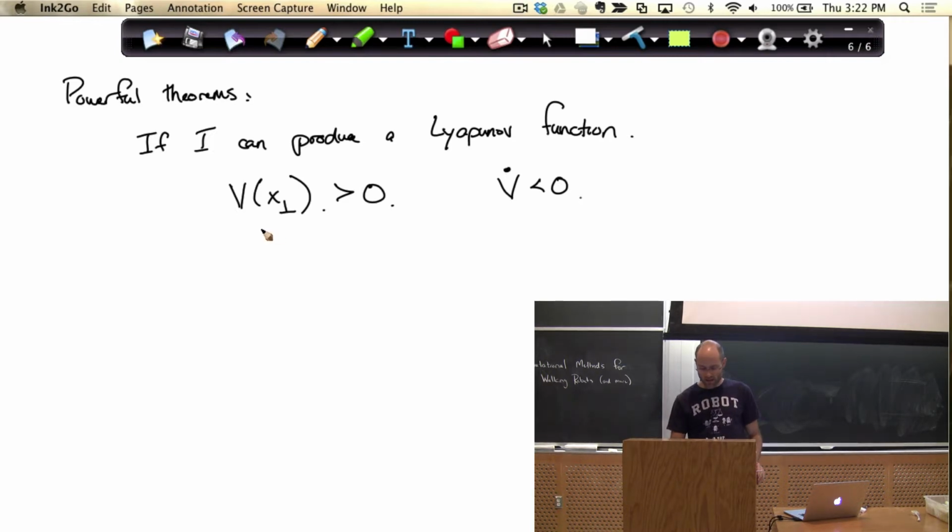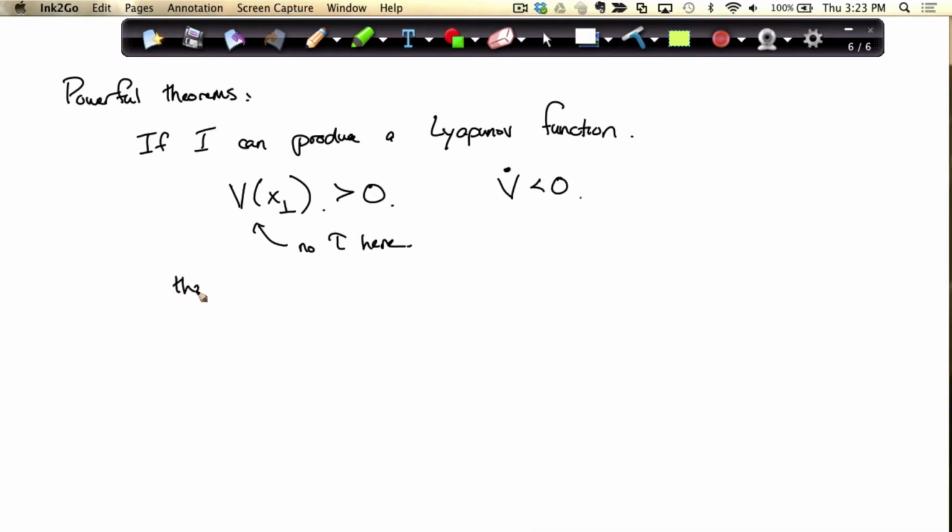But notice this doesn't depend on time, right? This is just a function of my perpendicular coordinates. Okay? Then stability inferred here imparts a statement about orbital stability of the original system. In this case, it's exponentially or asymptotically orbitally stable.